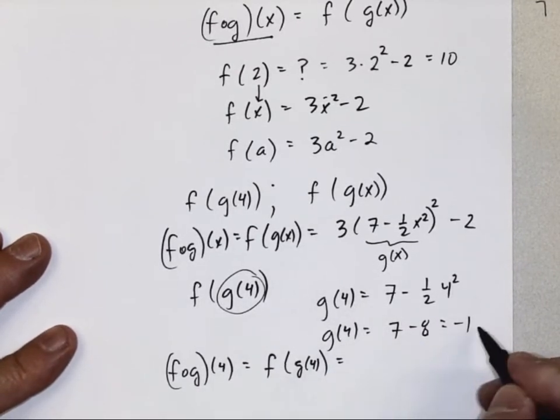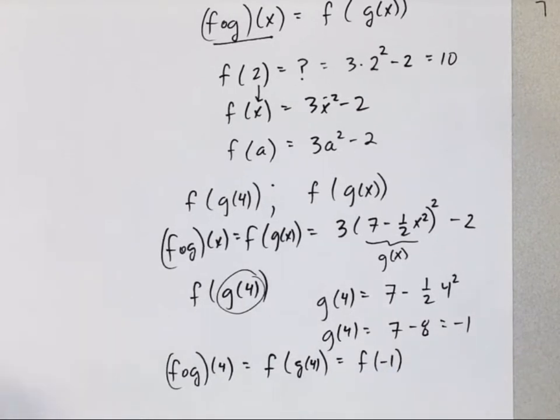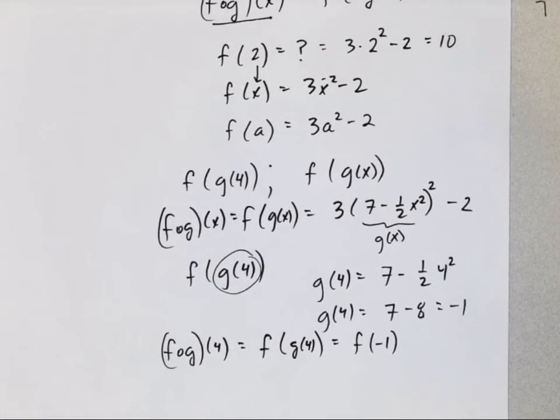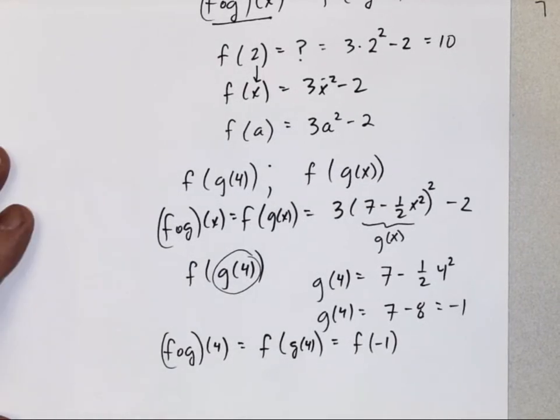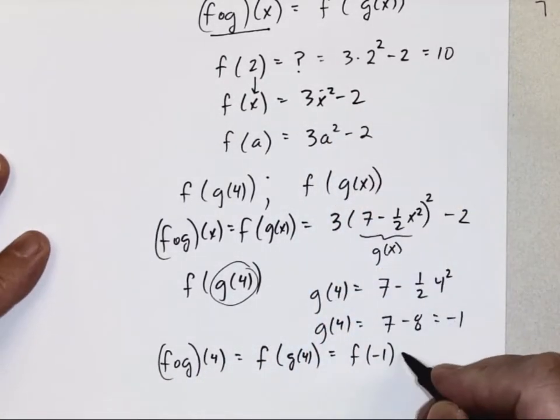But since I've determined g of 4 is negative 1, you know what I really have? f of negative 1. So now I go to my f function. Every place I have an x, I replace it with minus 1.